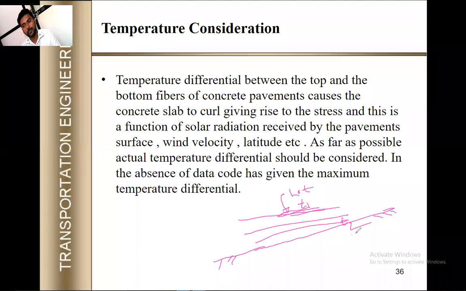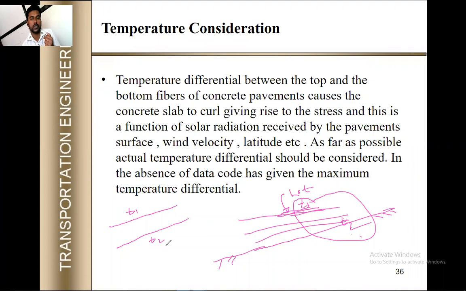Due to this temperature difference between the top layer and the bottom layer, temperature stresses develop. So we need to understand how much temperature difference there is between these two layers, to understand the temperature effects.